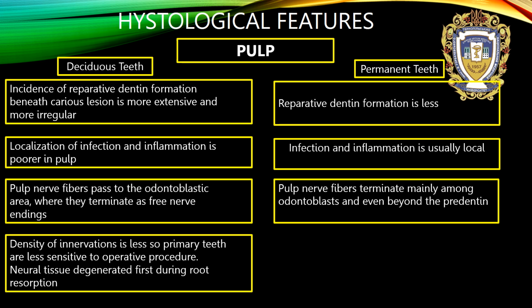And next point, density of innervation is less, so primary teeth are less sensitive to operative procedures. Neural tissue degenerates first during root resorption.